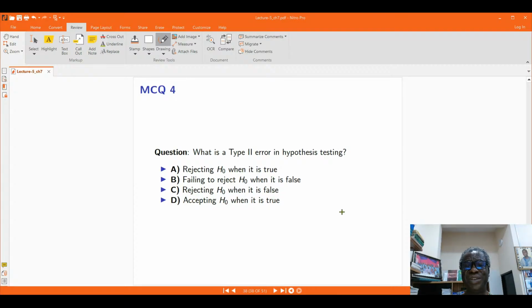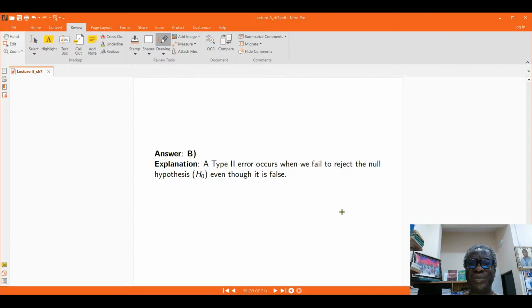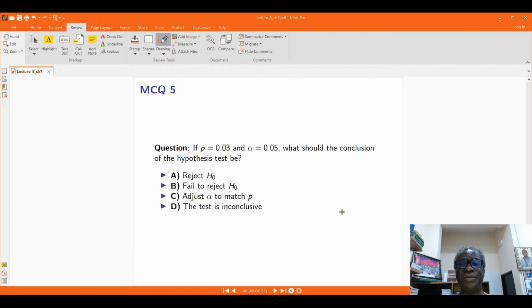So when you fail to reject null when it is false, type 2 error occurs. We are supposed to reject it when it is false, but if we fail to reject it, then we have committed a type 2 error.